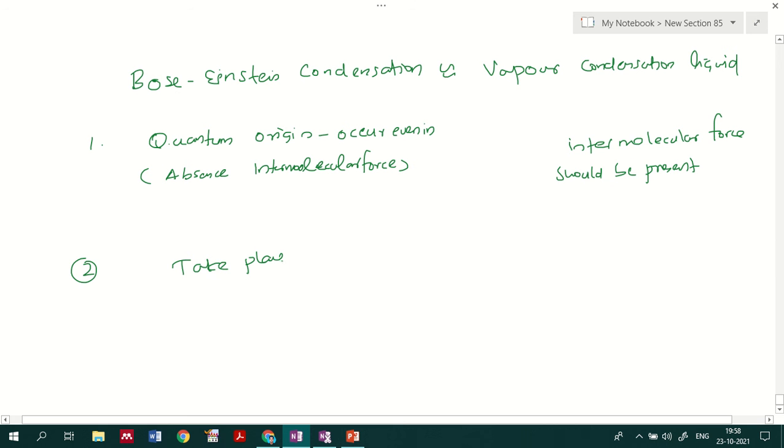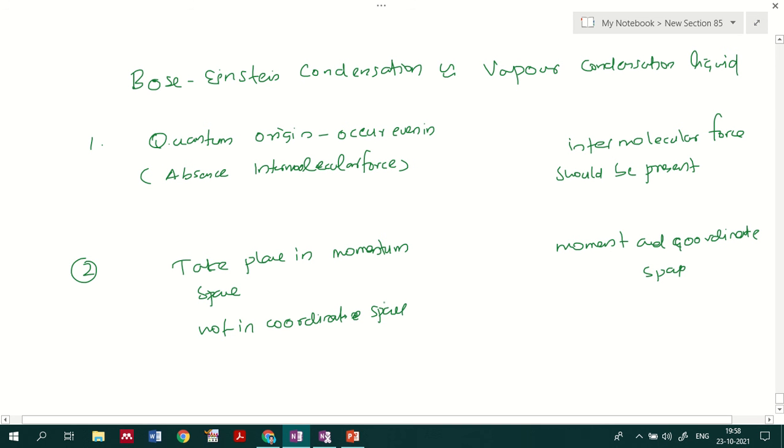Now the second difference is that Bose-Einstein condensation takes place in momentum space, whereas vapor condensation occurs in both momentum and coordinate space. So Bose-Einstein condensation is not occurring in coordinate space.